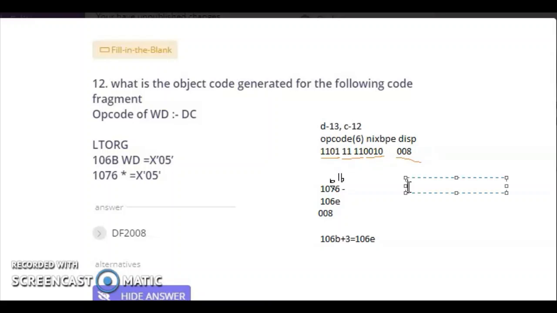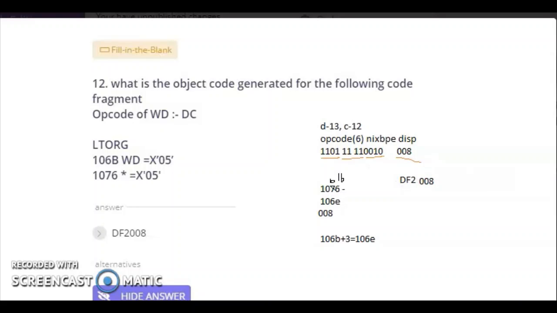So the first 1101 is 13, that is D. Then 1111 is 15, that is F. Then 0010 gives 2, followed by the displacement field 008.